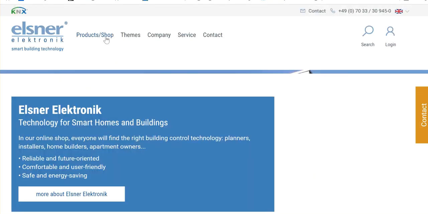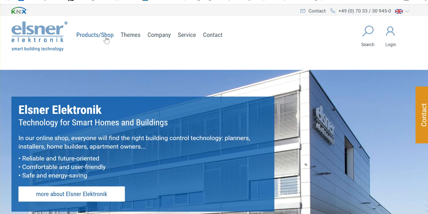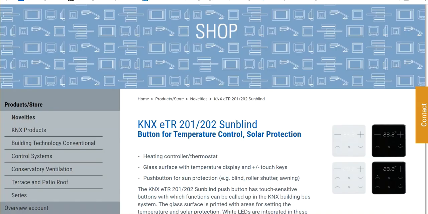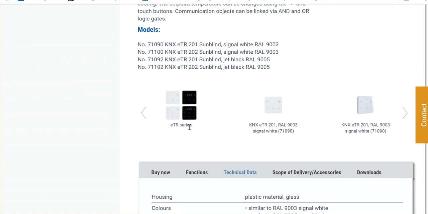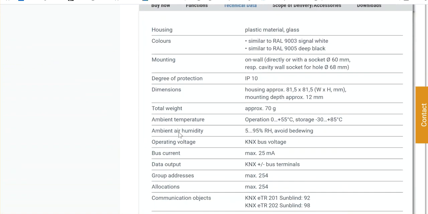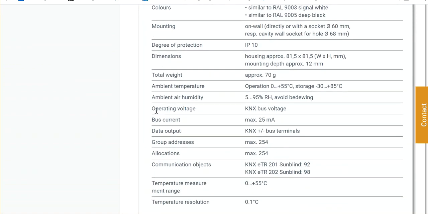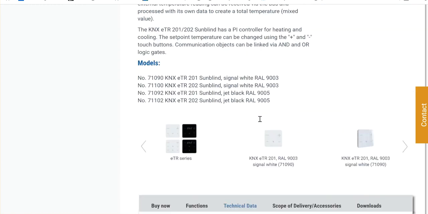Then here in product, for example, I want to see what is the consumption for KNX ETR 201 or 202 from Elsner Electronic. I come to the device information on the website, and you can see the operating voltage is based on KNX, and the bus current is 25 milliamp. So it's not 10 milliamp anymore, it is 25 milliamp.